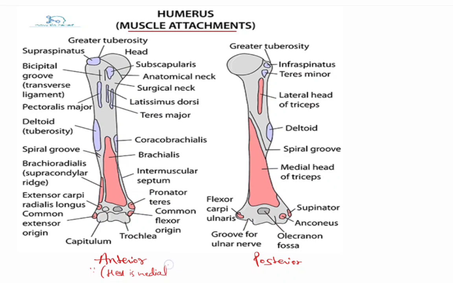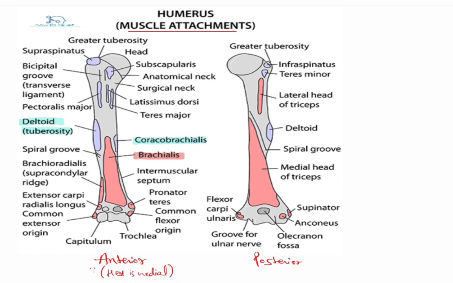So the deltoid tuberosity has its insertion on the lateral surface of the humerus. Okay, next is the coracobrachialis, which has its insertion in the shaft region. So these two, deltoid and the coracobrachialis muscles, are in the shaft region.